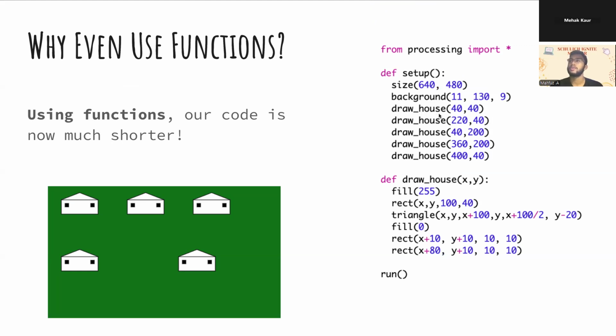Then all we have to do is put in one of the values, just like you would for a circle or an ellipse. You just have to put in the X and Y values. Same thing goes with draw house. Now the house you can think of as a shape. You just have to put in the coordinates and that's all. The math will be taken care of and the drawing will be taken care of. So that's how it works.